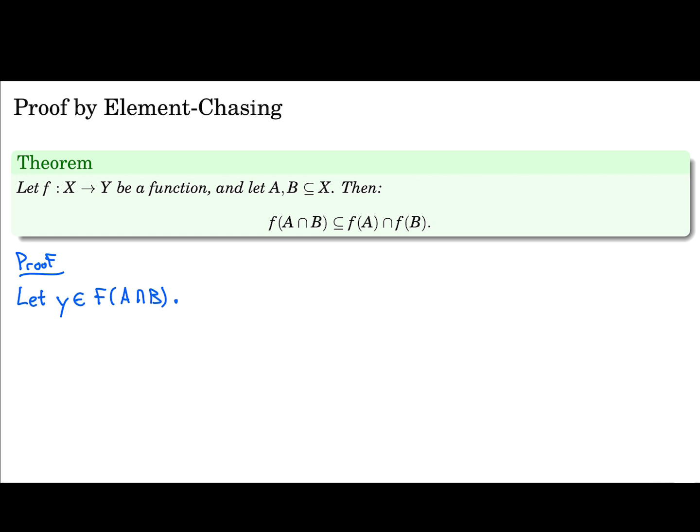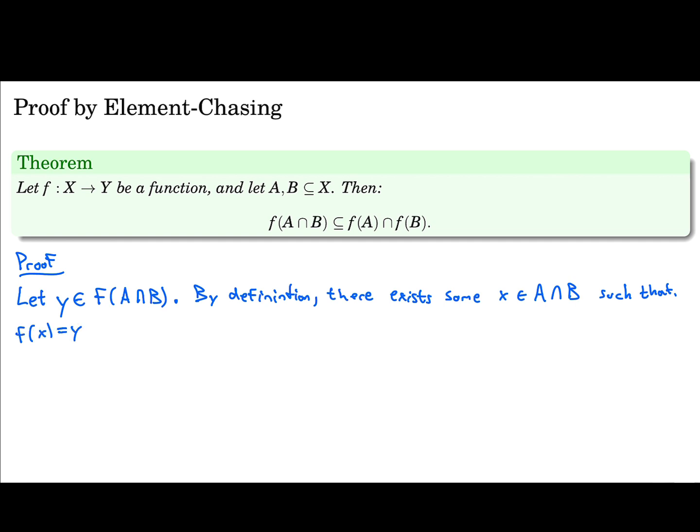If y belongs to f of A intersection B, then by definition, there exists some x in A intersection B such that f of x is equal to y.